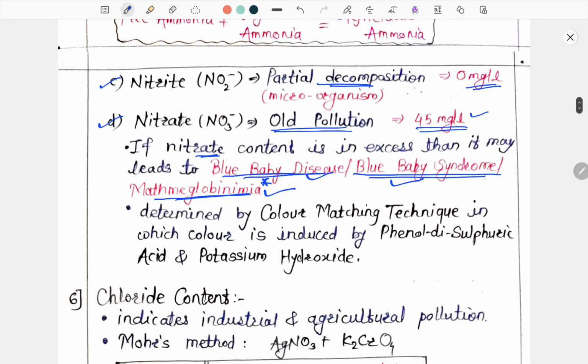This nitrate is determined by a color matching technique, in which the color is induced by disulfuric acid and potassium hydroxide.